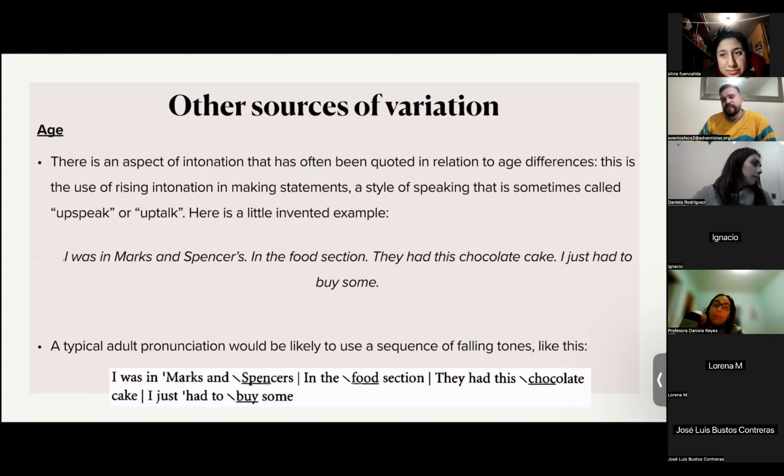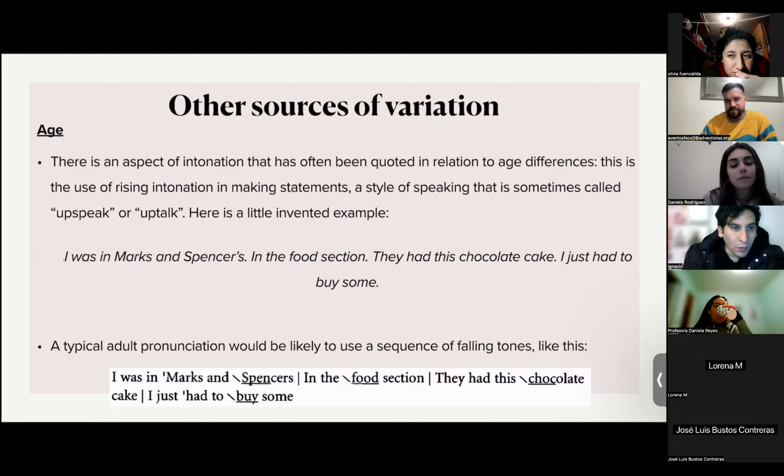Okay. Ms. Reyes. I was in Marks Spencer in the food section. They had the chocolate cake. I just had to buy some. Good. Ignacio. I was in Marks and Spencer's in the food section. They had this chocolate cake. I just had to buy some.